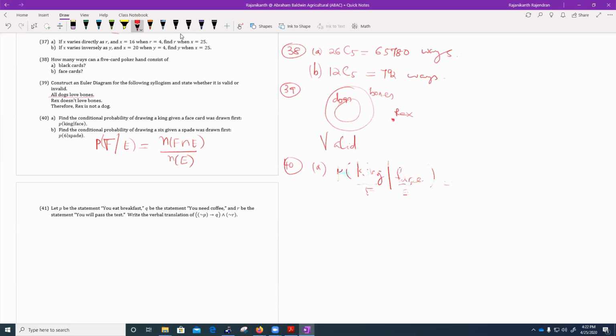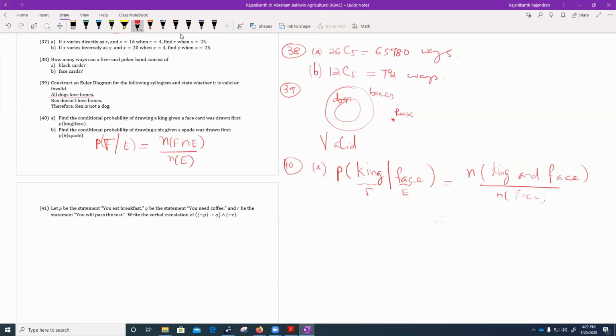If you use the formula, it is N of F intersection E, so that means you need to choose a card that should be king and at the same time it should be a face card, over N of E, my event E is now getting a face card. Ask yourself how many cards you could choose in this way. King and at the same time face. Remember, each variety has one king which is face.